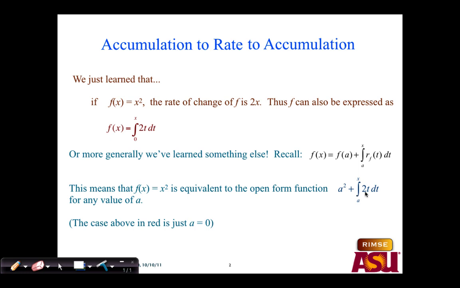I can write it in this generic form, and this generic form here would be true for any function f of x, right? This is the specific one for this f of x equals x squared, a squared plus the integral of the rate function we determined last Friday. Well, it was 2x when we did it, but we change our variables so that we can have an integral function of x. So we use a dummy variable, let t vary between a and x.